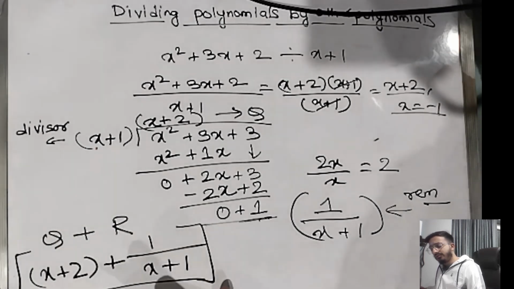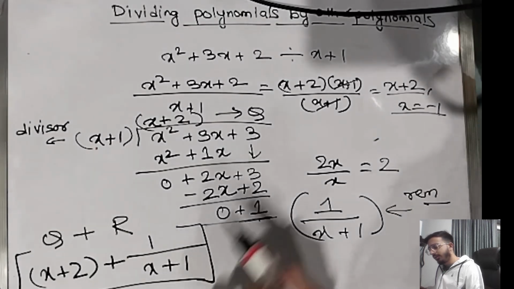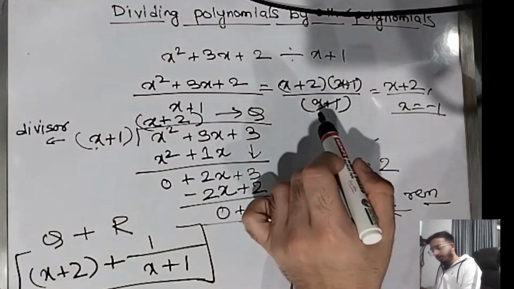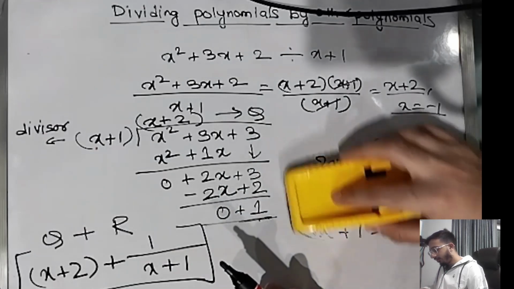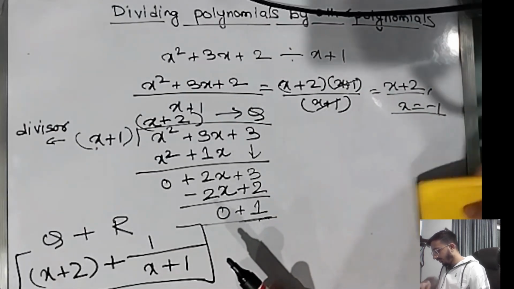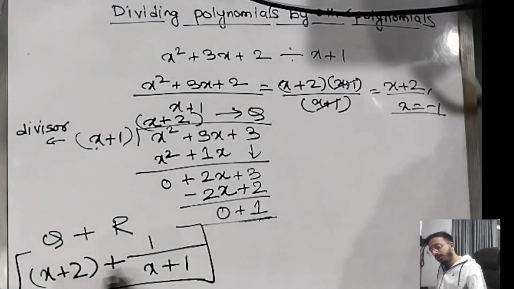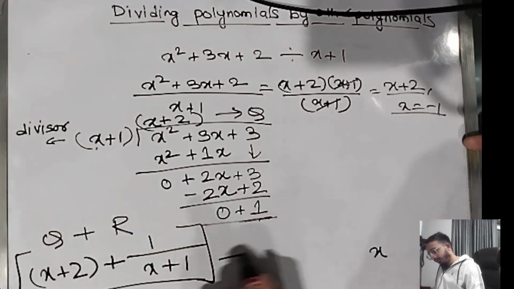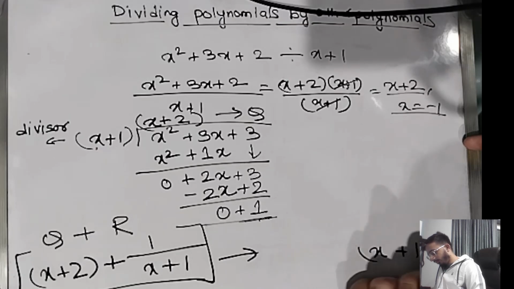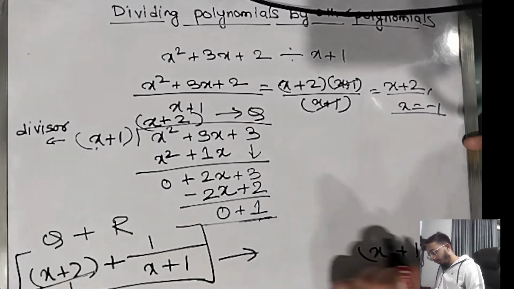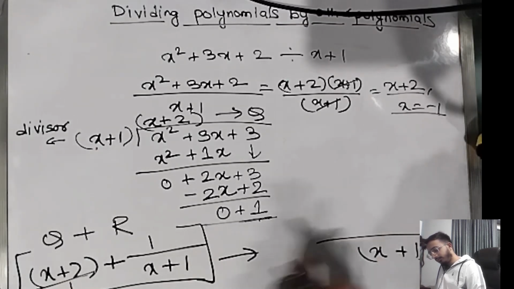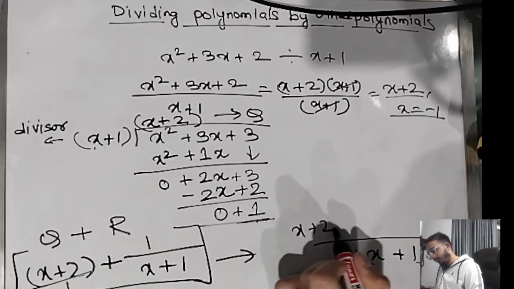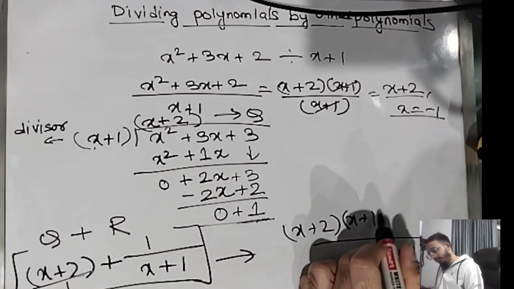Now if you want to verify or you want to see how this is related to the factorizing method, we can perform one exercise over here. If I add both of these terms, what do I get? Here you get x plus 2 times x plus 1, right?